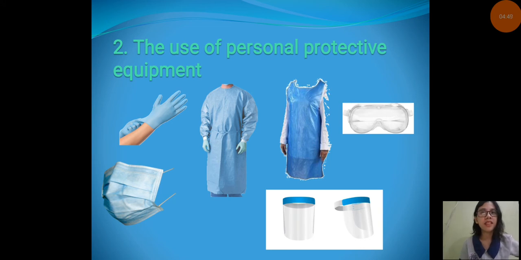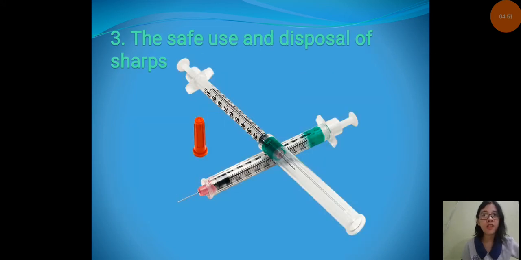Okay, next one. The safe use and disposal of sharps. So safe handling of needles and other sharp devices are components of standard precautions that are implemented to prevent healthcare worker exposure to blood-borne pathogens.